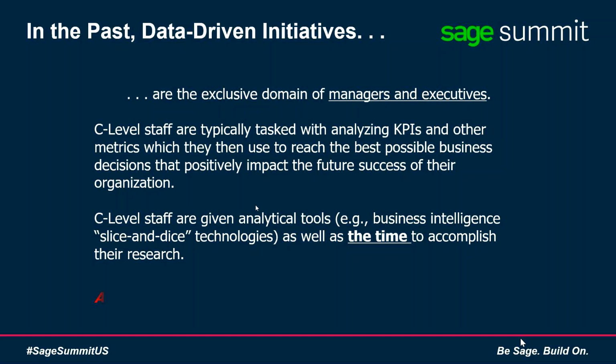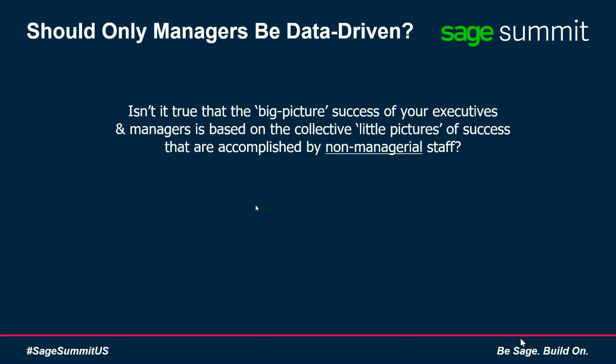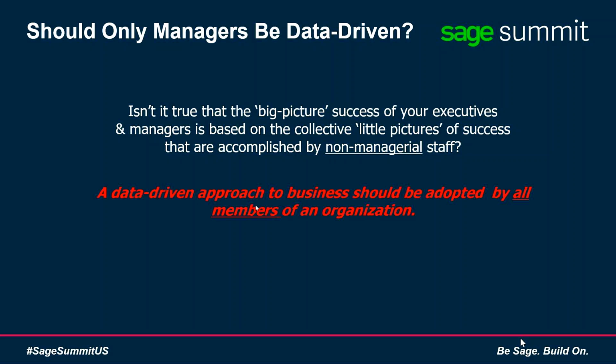But there's something a little nagging with this model, and that is, isn't it really true that the big picture success of an organization and of its executives and managers is really based upon the collective little pictures of success that are accomplished by the non-managerial staff, the worker bees within an organization?